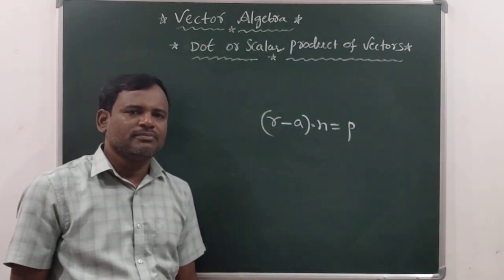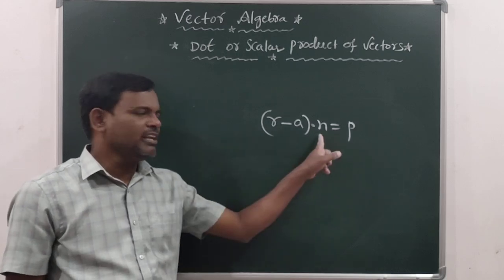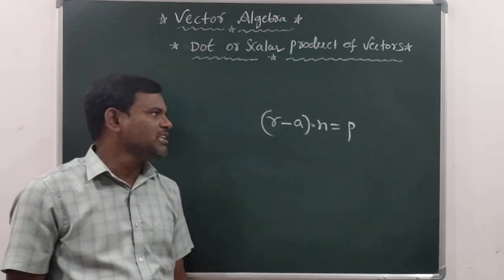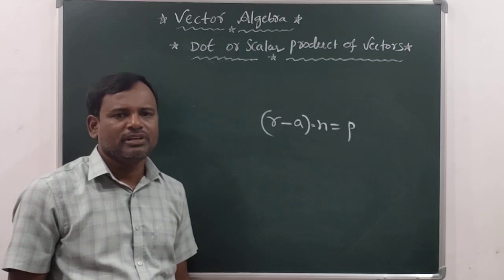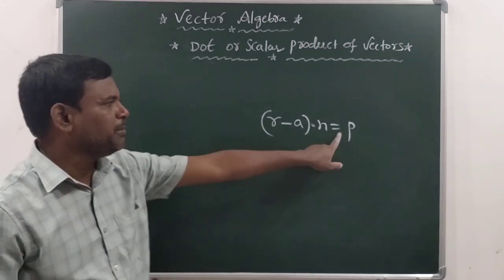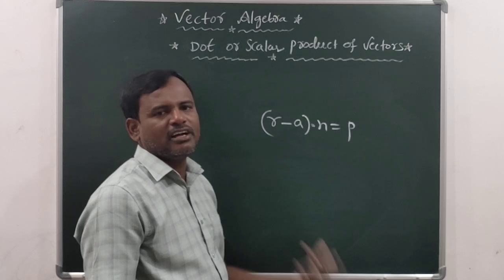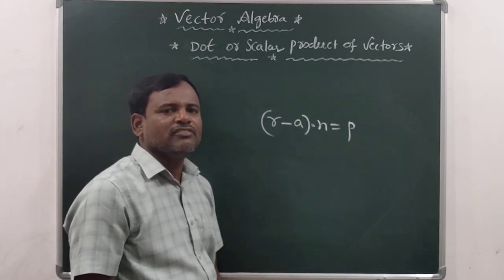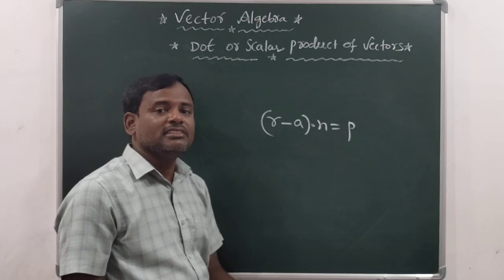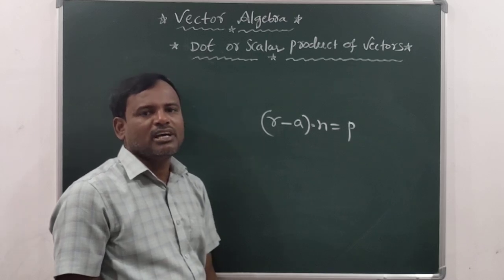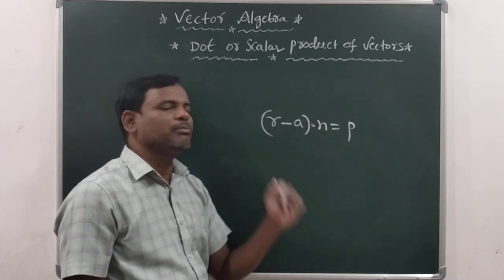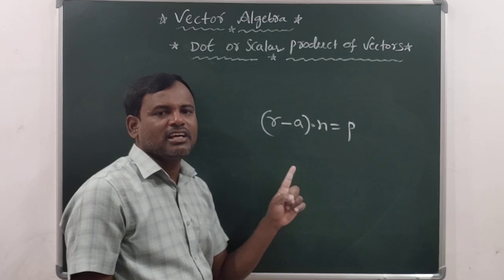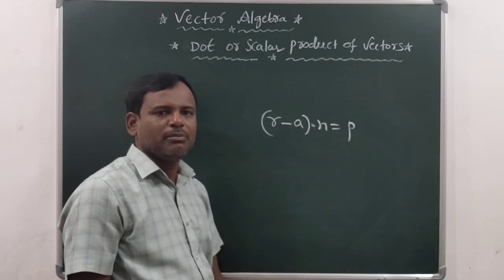Okay, students, so what is n here? Unit normal vector. r minus a dot n is equal to p. If it passes through the origin, p becomes 0. R minus a dot n is equal to 0 you will get. These are the equations of a plane that maintains a distance p units away from the origin and passes through a point A, where n is the unit normal vector. Remember that.